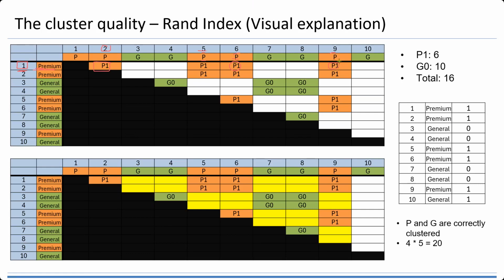Okay. So we can check those in the orange color. So we have 1, 2, 3, 4, 5, 6, 7, 8, 9, 10. So we have 10. Oh, I think sorry. I make this is the opposite.